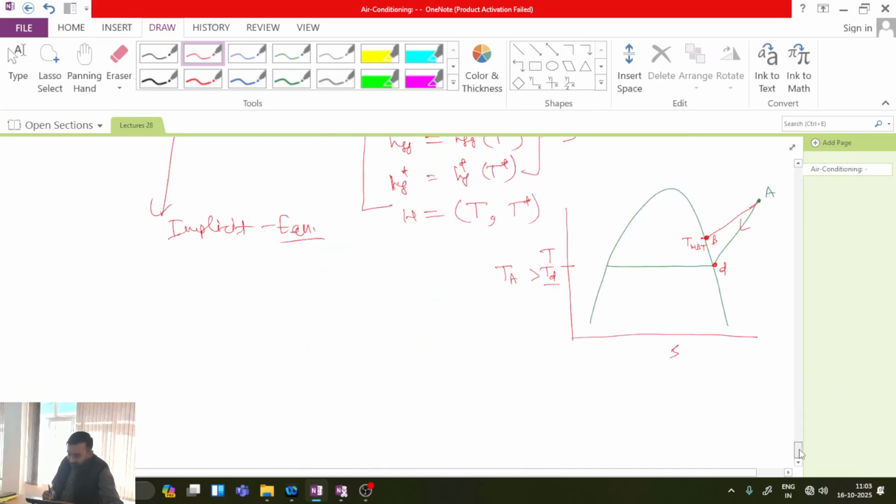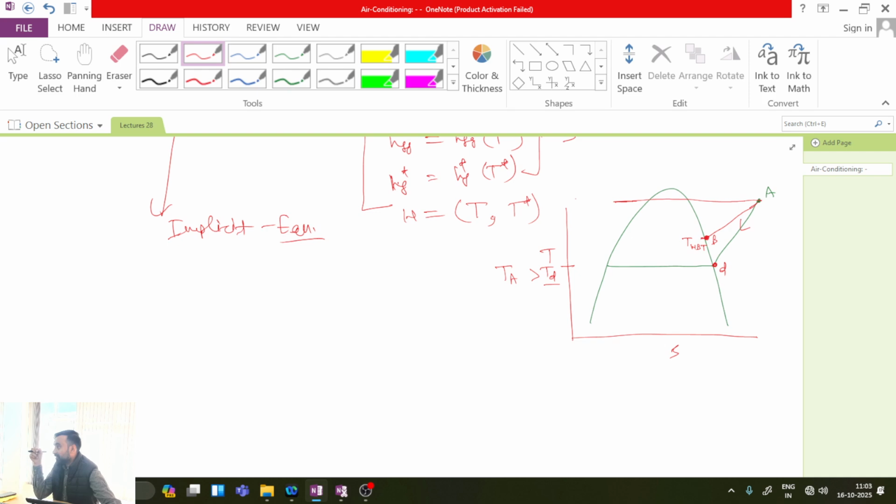Now, the third thing is, let me keep the same temperature. I am not decreasing temperature, but at the same temperature I am adding some moisture. Now if I add that moisture, and I have to maintain the same temperature, it means the water vapor which I am adding to the air should also be at the temperature TA.